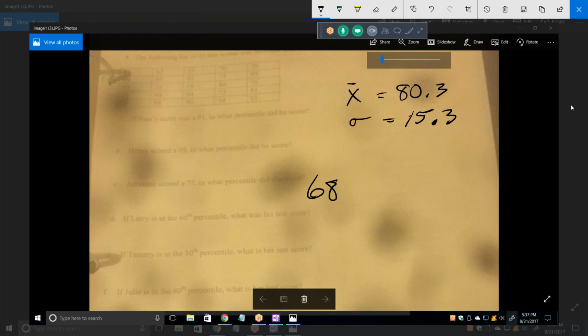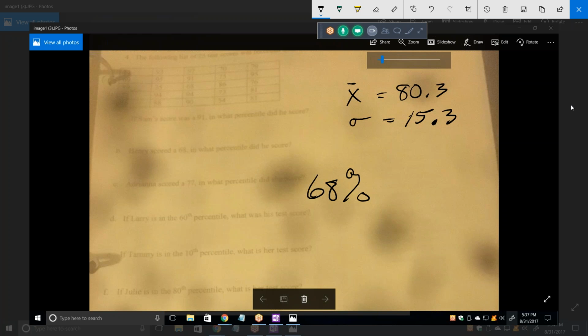In other words, which position is 68? It's the 8th percentile. So which position is it out of 25 scores? That must be the 12th position. No, that would be the 50th percentile. It's the 3rd position. Okay. And 3rd out of 25 is the 68th percentile. So, hold it.